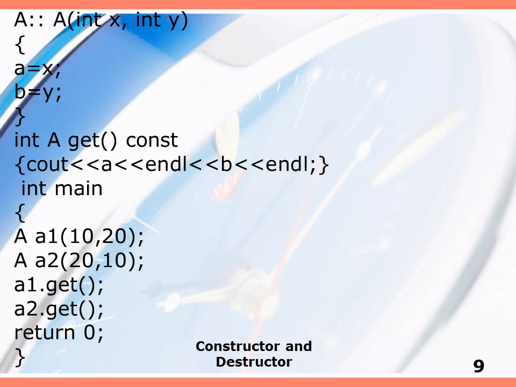When there is a call to the get function for the object A1, it would display the values which were earlier initialized during the object creation for a and b. That means the A1.get function call will display 10 and 20, and the function call A2.get will display 20 and 10.